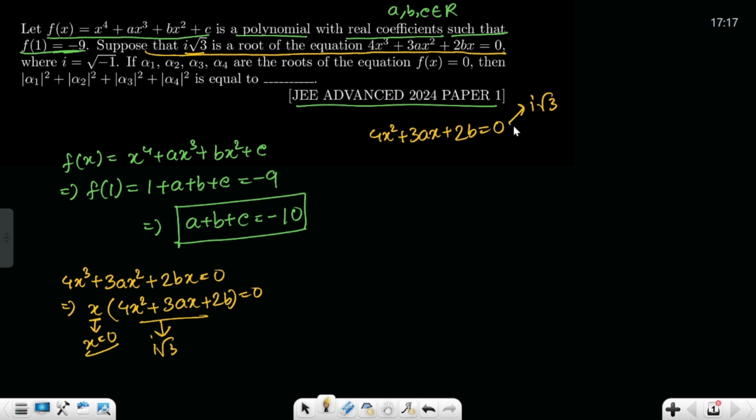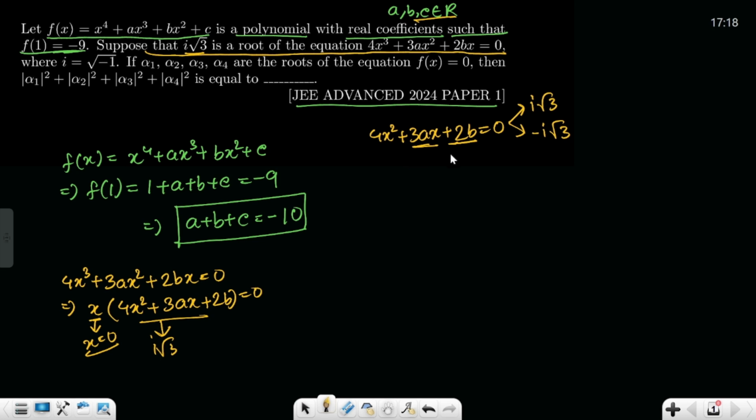So the other one will be -i√3. So you got the two roots of the equation. It is because the coefficients are real, because a and b are real. So the coefficients 3a and 2b are also real.